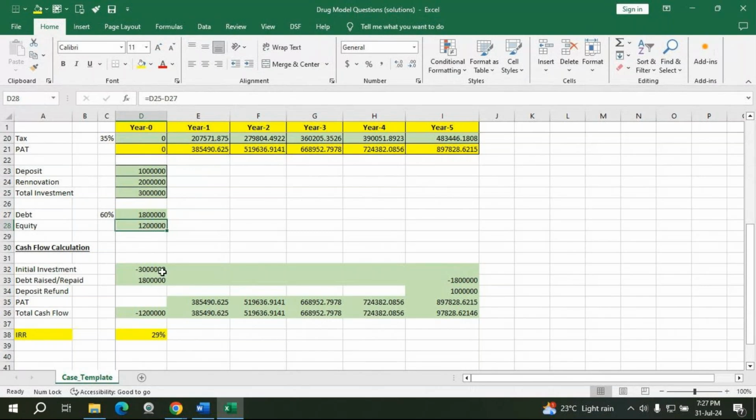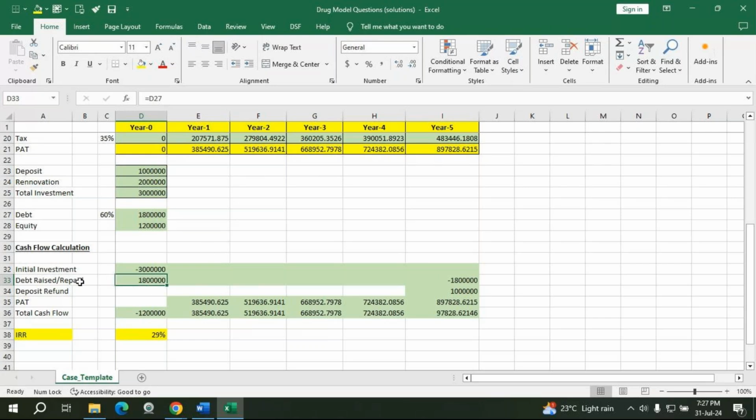Initial investment means I am investing the money, so the money is going out of my pocket. I am paying it for my rental deposit and for renovation, so the money is not with me. That's why I take the value in minus for initial investment. Okay, debt raised: initially I'm receiving the money, so the money is coming into the business, so I'll take it in plus.